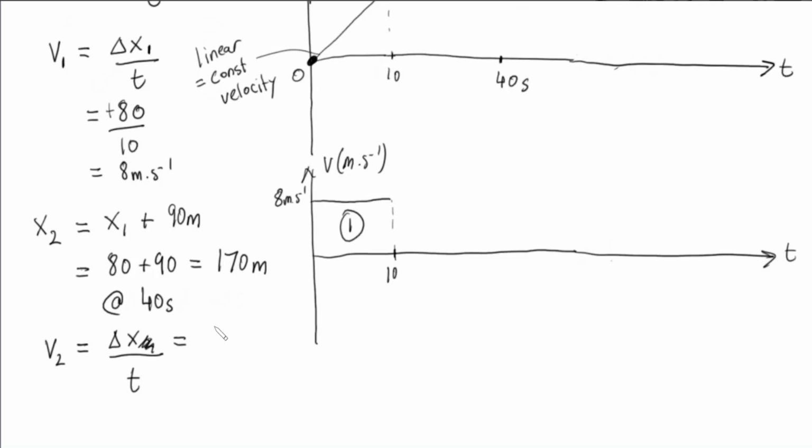So the change in displacement is 170 minus our initial, which is 80, divided by the time, which was 30 seconds, which gives us a velocity at stage 2 of 3 meters per second. So we get a dip in velocity where our new point is 3 meters per second, and this runner runs at that speed for 30 seconds, so up to this stage here.